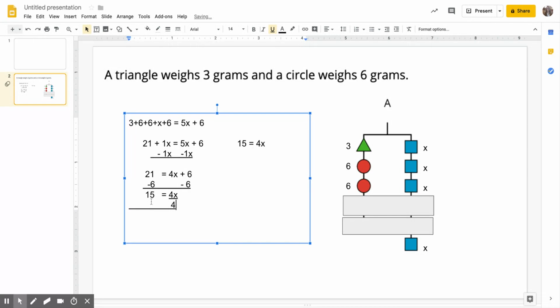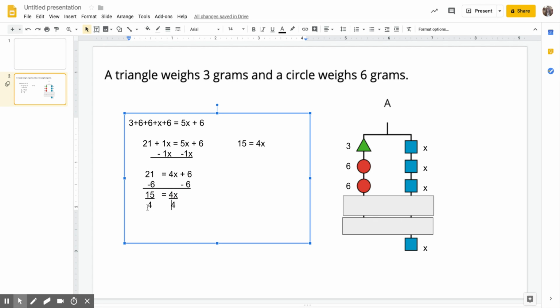Now, to do that, I might want to use a calculator, and that's okay to do, because here I need to figure out what 15 divided by 4 is, and that doesn't divide evenly.